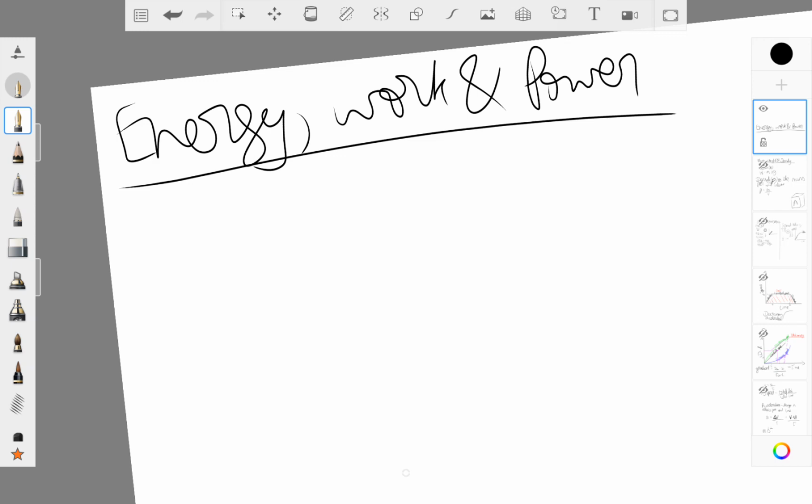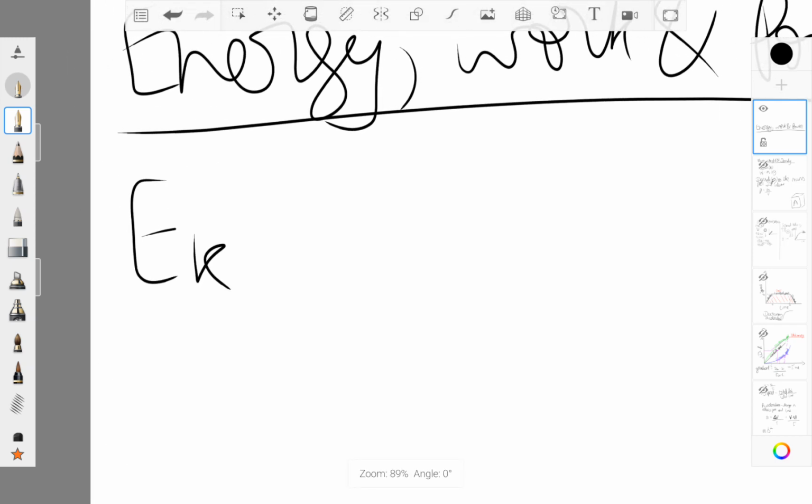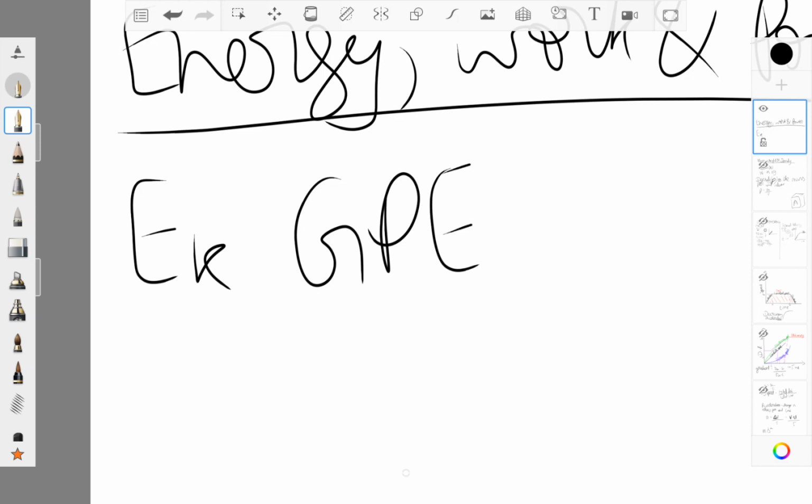Kinetic energy, which is EK, and gravitational potential energy, which is GPE, the ones that are most focused on in the IGCSE syllabus. But you also have thermal energy, which is something we'll be looking at when we do thermal physics, the next section. You have electrical energy, which we'll look at in section 4. You also have light energy and chemical energy and elastic energy. There are many different kinds.